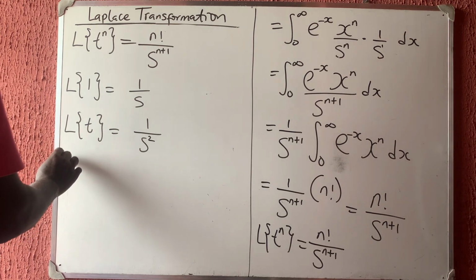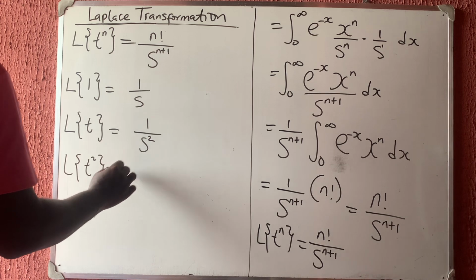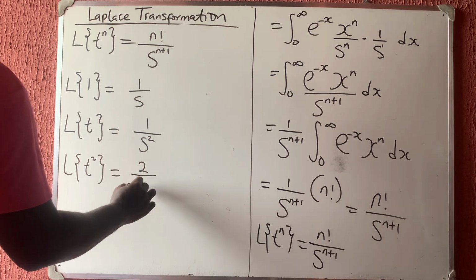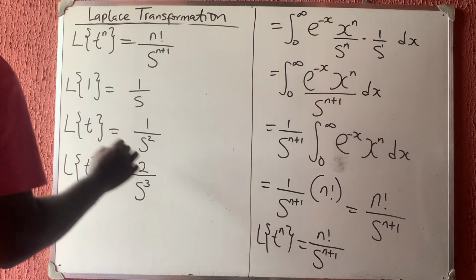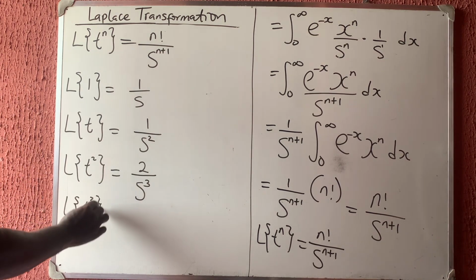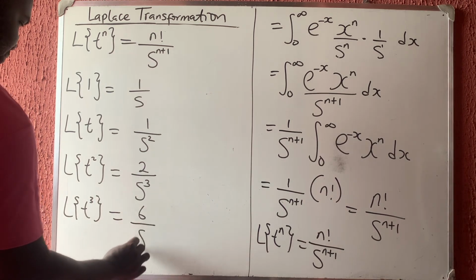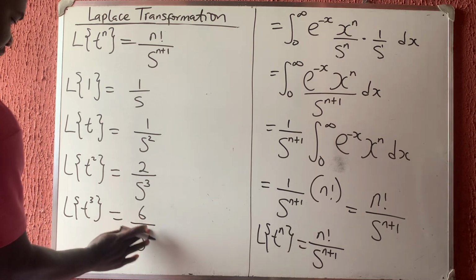The Laplace transformation of t squared, you can try it, is going to give you 2 over s raised to power 3. The Laplace transformation of t raised to power 3 will give you 6 over s raised to power 3. Sorry, s raised to power 4.